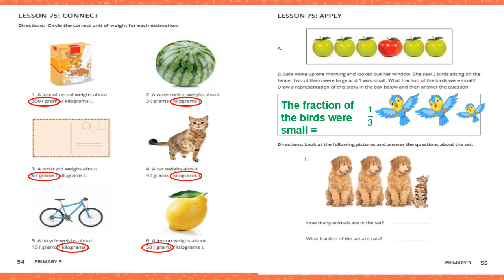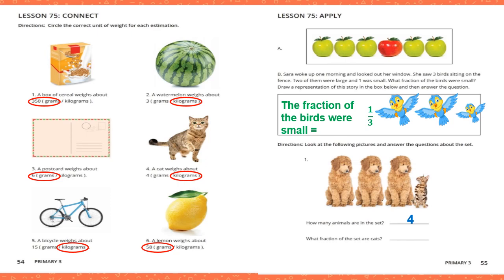Now let's look at the following pictures and answer the questions about the set. How many animals are in the set? 1, 2, 3, 4. We have 4 animals in this set. 3 dogs and 1 cat. What fraction of the set are cats?